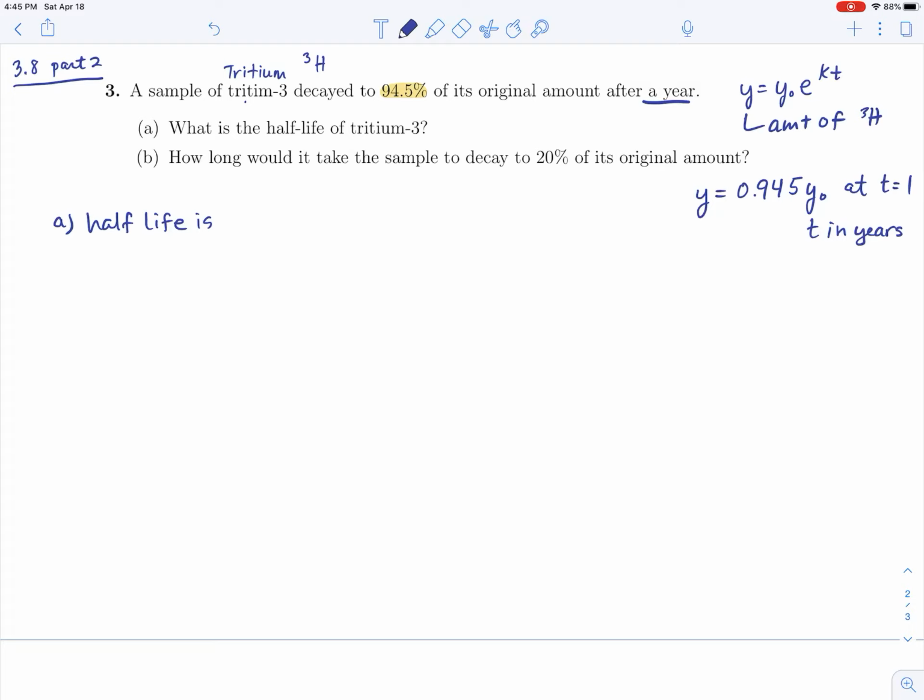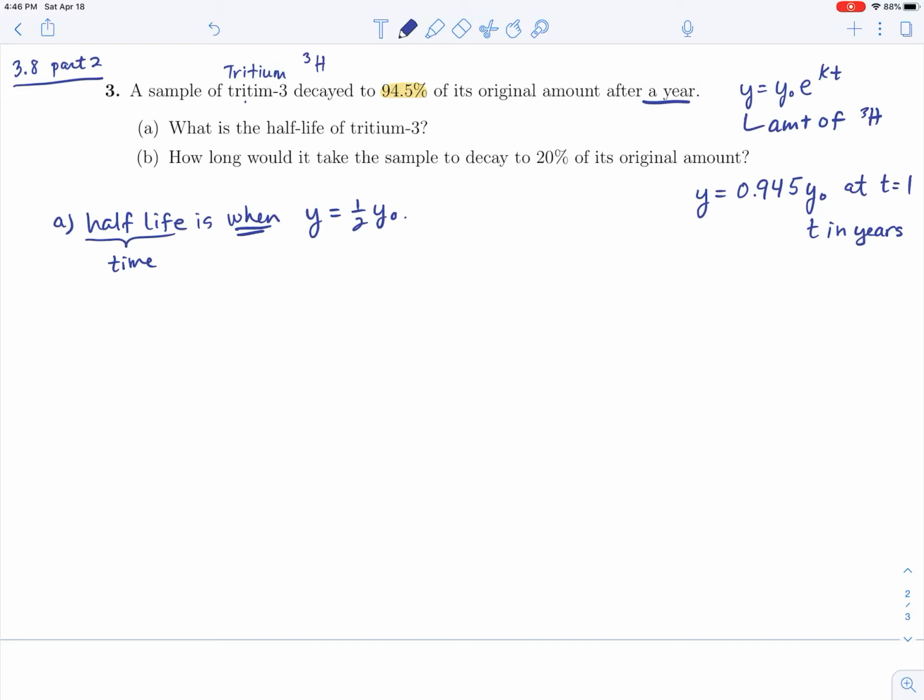So half-life is the time when y equals half of y naught. That's what half-life is.